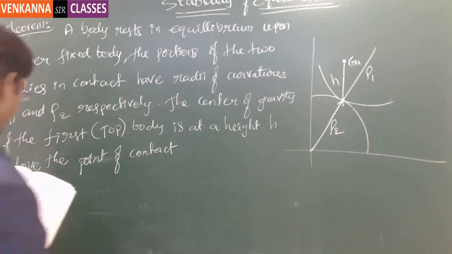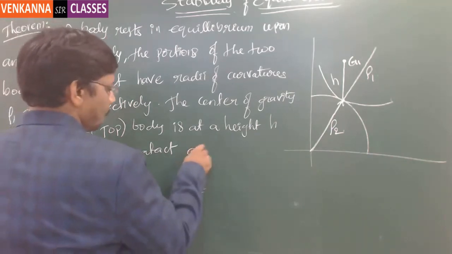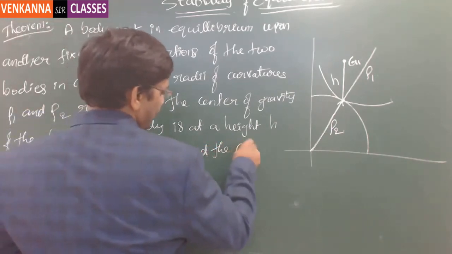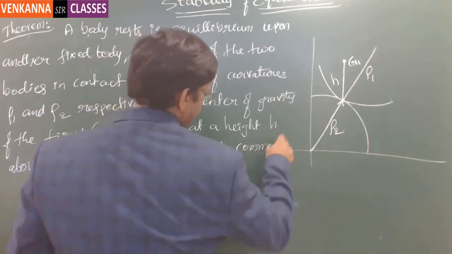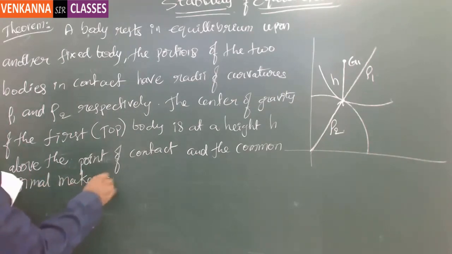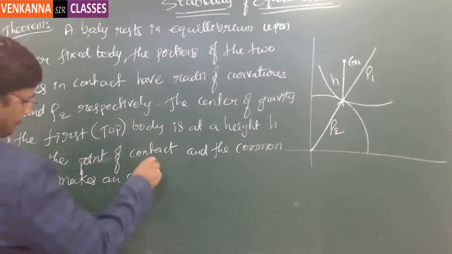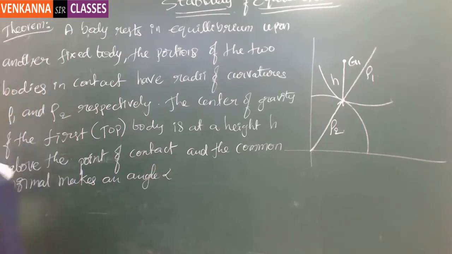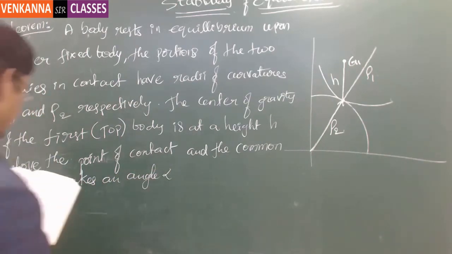And the common normal makes an angle alpha with the vertical.